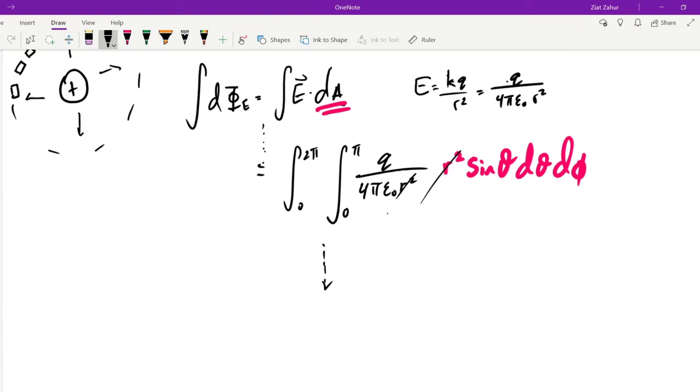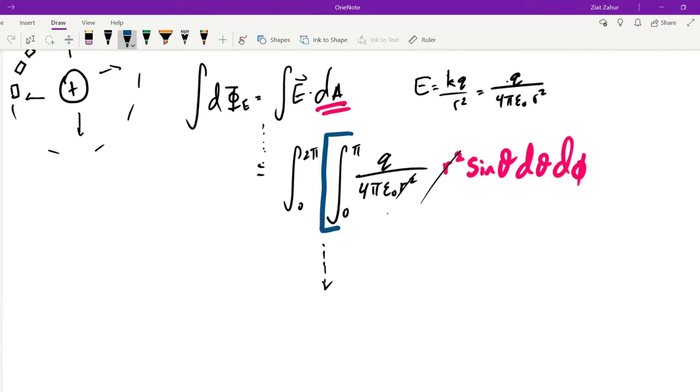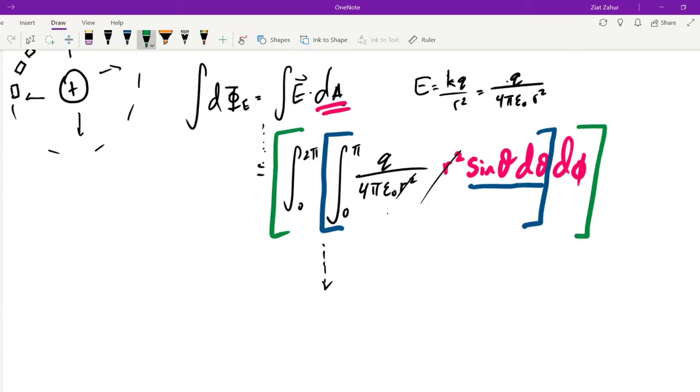You do one integral at a time. You do the inner integral, which is integral from 0 to pi of sine of theta d theta. Do that first. Once you do that, then you can do the outer integral. Just do it one at a time, but factor out all the constants.